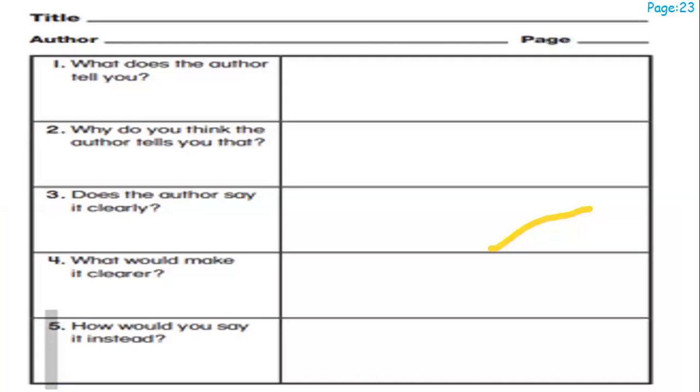Okay, now open your RCV booklet, page 23. Okay, now what is the title of our story? The title?